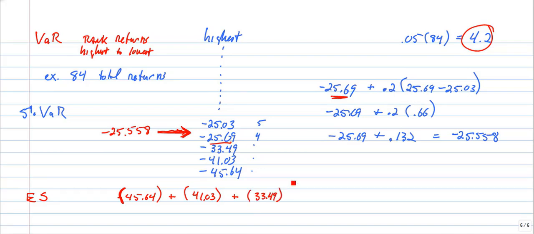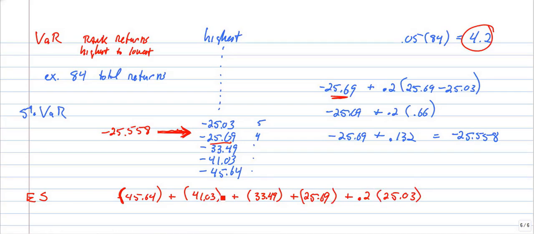33.49 plus 25.69. And that's negative, of course. Finally, so that's 1, 2, 3, 4. We want 20% of the next one. So we have 1 return, 2 returns, 3 returns, 4 returns, 0.2 returns.